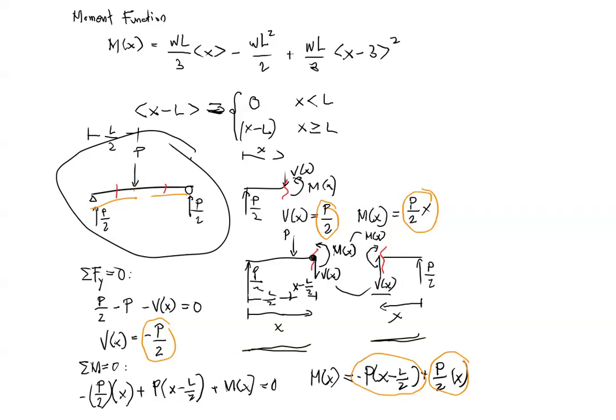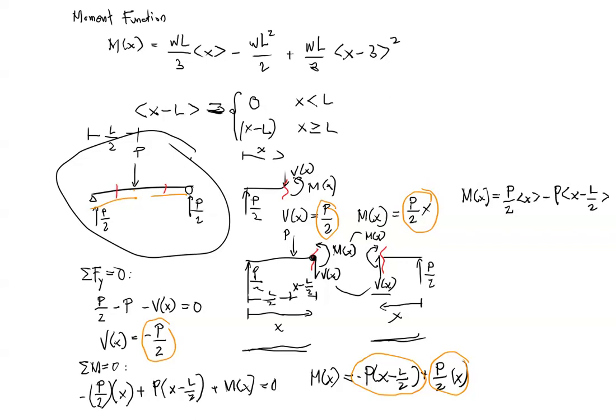So, paano natin gagamitin yung Macaulay na functions? So, if gagawin natin yung Macaulay na functions, sabihin natin, yung moment is P over 2x. Therefore, parang it exists talaga across its full length. Pero, meron kang negative P x minus L over 2.